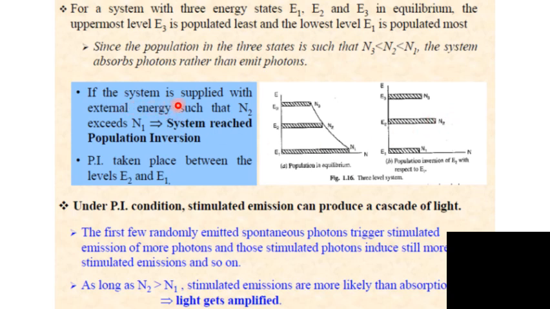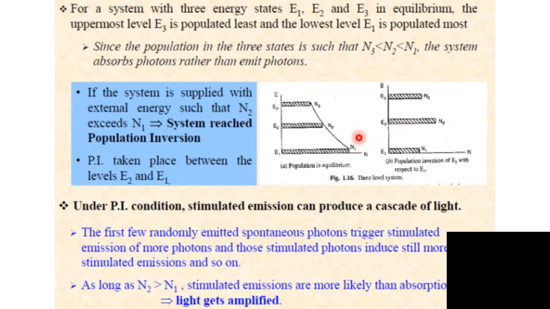If the system is supplied with external energy such that N2 exceeds N1, the system reaches population inversion. So this population at this energy level we can attain by applying external energy. Here the population is high, so this is the populated area, and now we have the population inversion between energy state E1 and energy state E2.